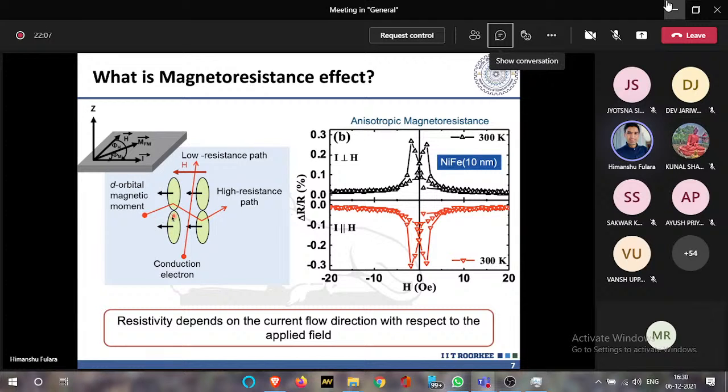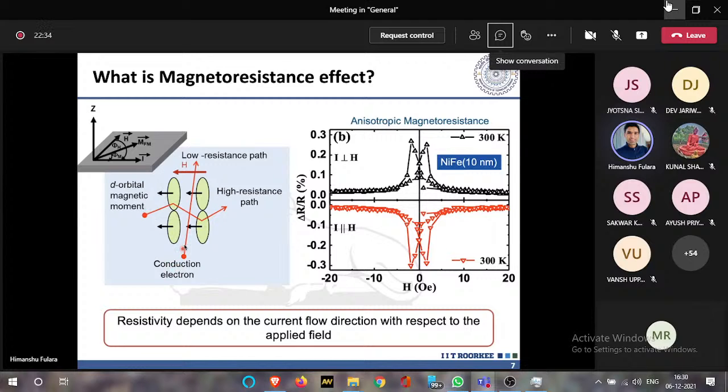To be precise, there are many things happening in these materials, because when the electron moves inside the metal, there is scattering. The origin of the scattering can be many: ions, impurities also. But the simpler picture is this movement of the electronic orbital.